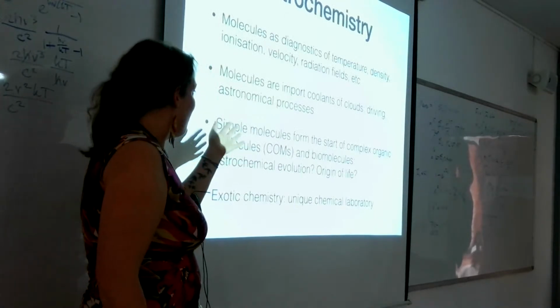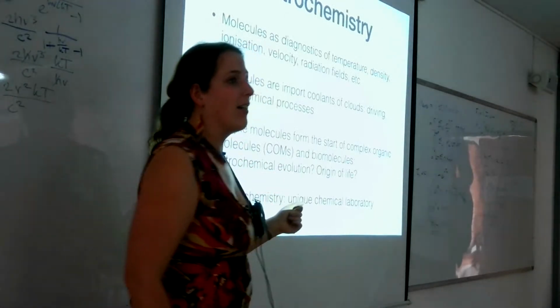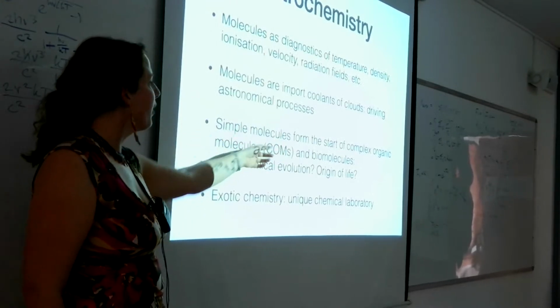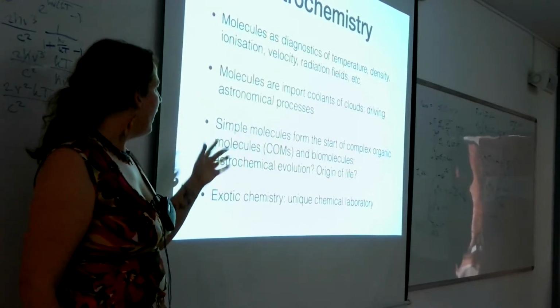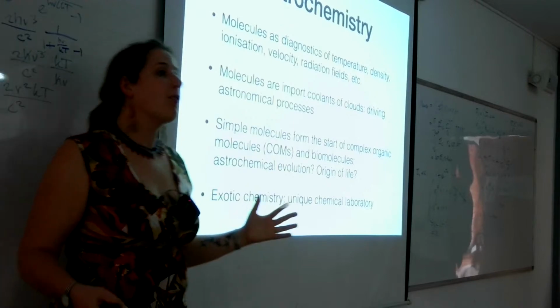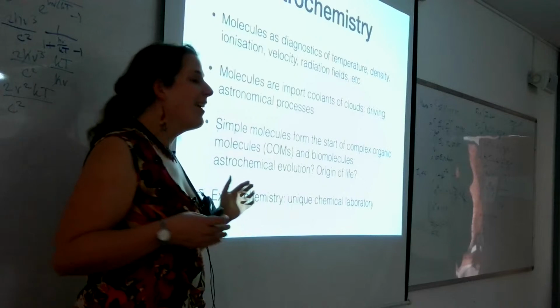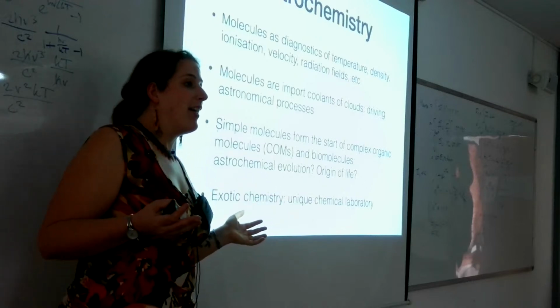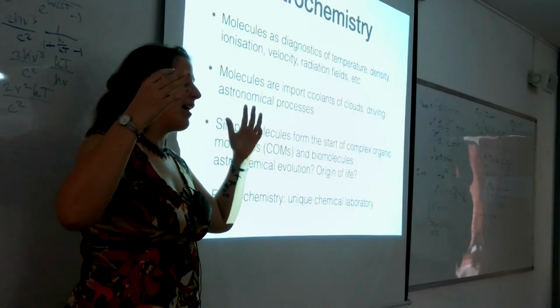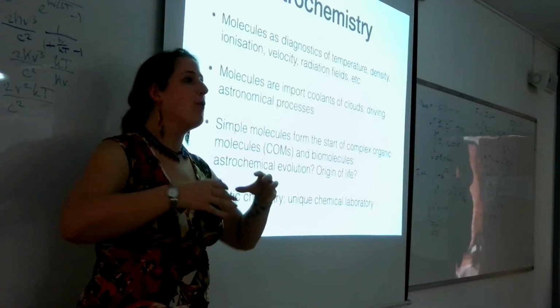And then finally, molecules form the start of complex organic life. We also call them complex organic molecules, or COMs, and biomolecules. And finally, because the universe is so empty, the chemistry there can be quite exotic. There are molecules found in the universe that are really hard to form on Earth.